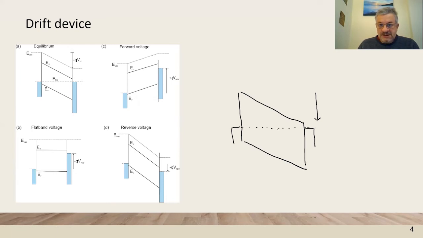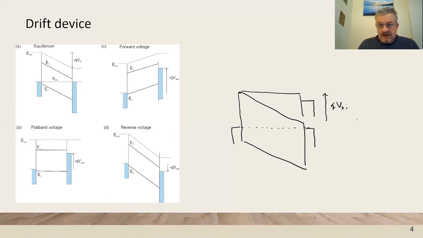So now we can change the bias, and now by applying a bias voltage, we can change the tilt of the bands. For example, if we apply just the built-in voltage, we are going to bring it to the flat band position.